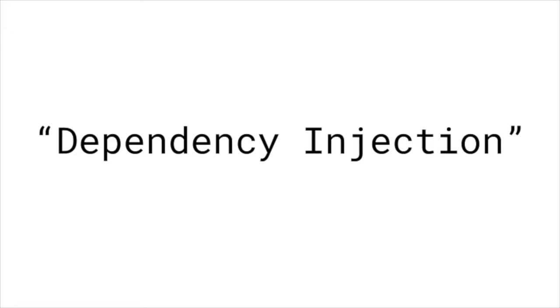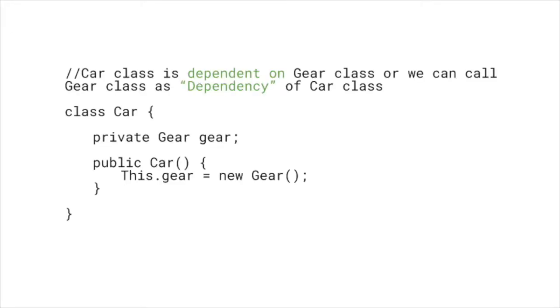After we know about the concept of IoC, this concept leads us to another term that we need to know: dependency injection. For example, assume that we have two classes, Car and Gear. Car wants to use some functionality of Gear, so we create a new instance of Gear in the Car's constructor.